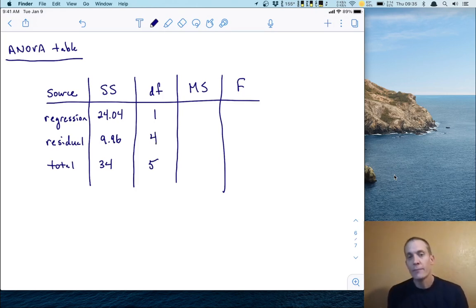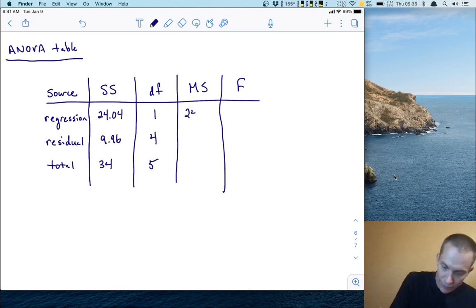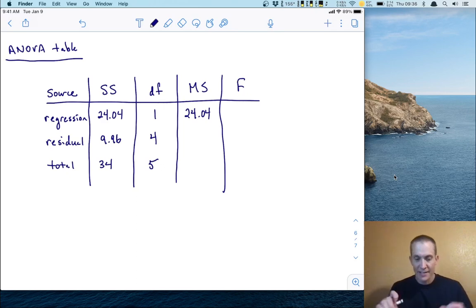So the way I like to think about it is exactly that. I find my total degrees of freedom based on the number of observations minus 1. I have then 1 for my regression equation, which leaves basically n minus 2 for the residual degrees of freedom. And then once I've got SS and DF, I simply do the divisions. So the mean squared for the regression equation is 24.04. For residual mean square, I take 9.96 divided by 4.